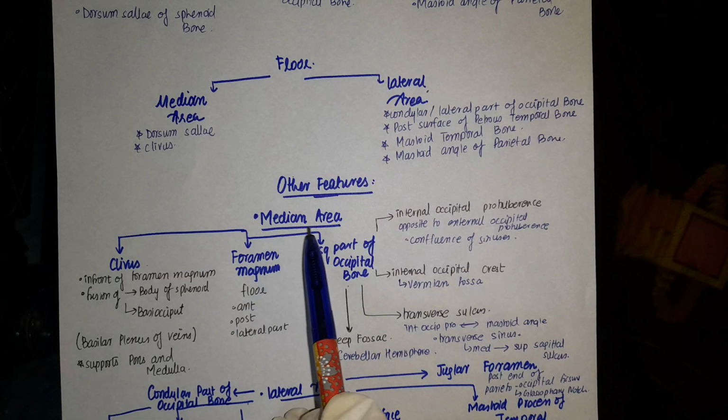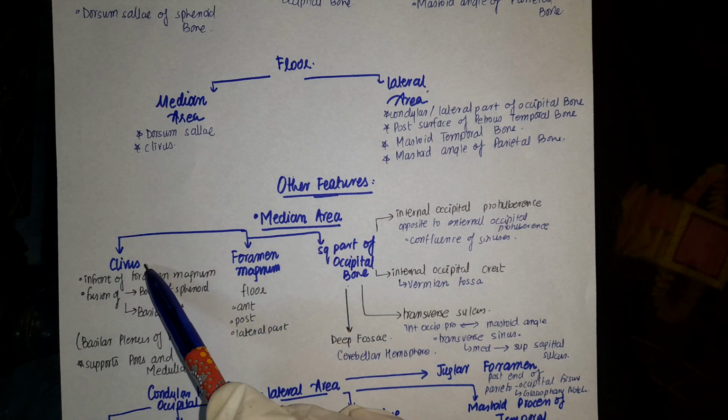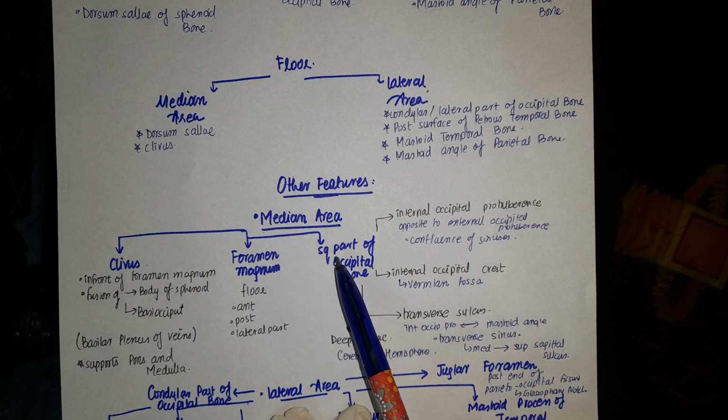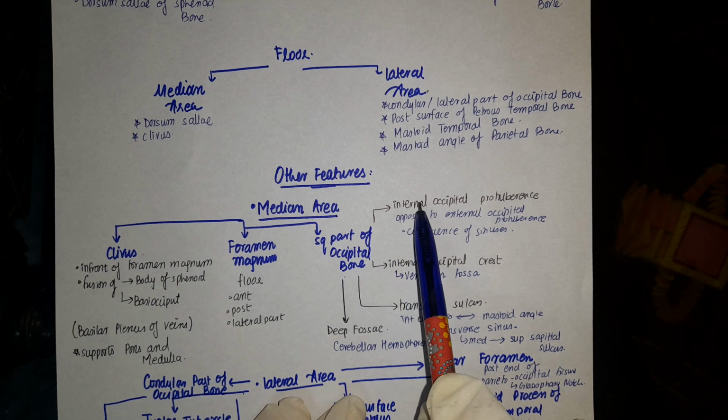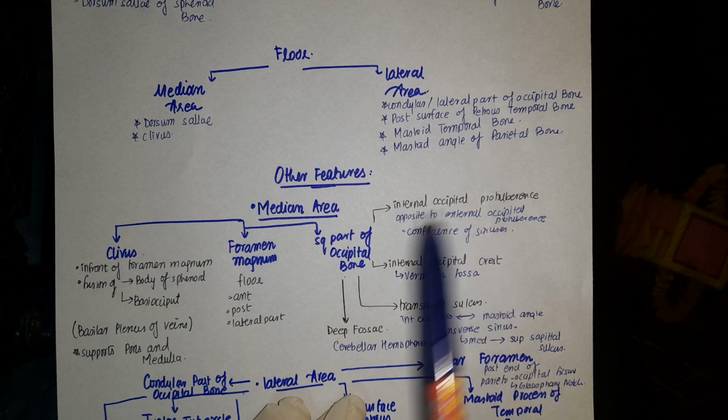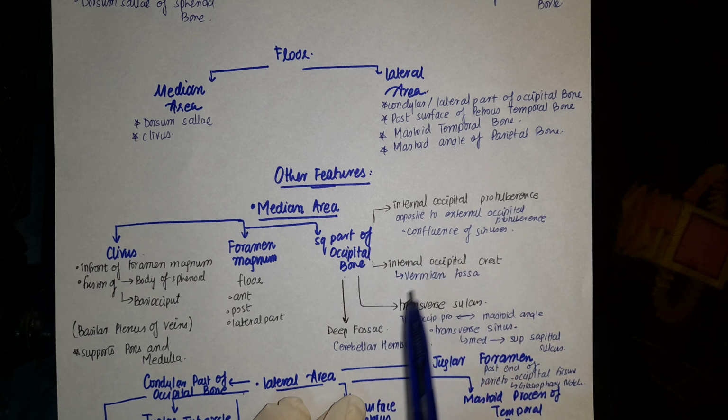And the other features, in the median region we will discuss clivus, the foramen magnum, the squamous part of the occipital bone having internal occipital protuberance, internal occipital crest, transverse sulcus, and deep fossa. First of all, you should know that deep fossa is the region of the cerebellar hemispheres.